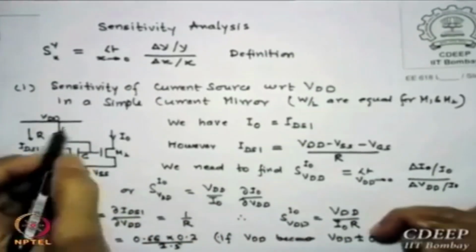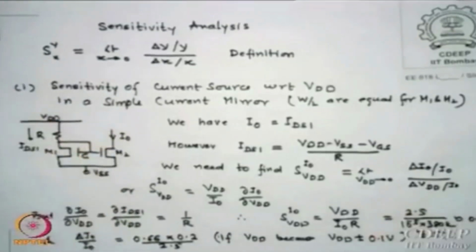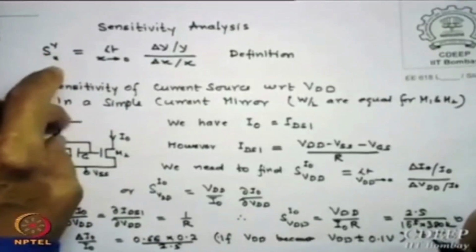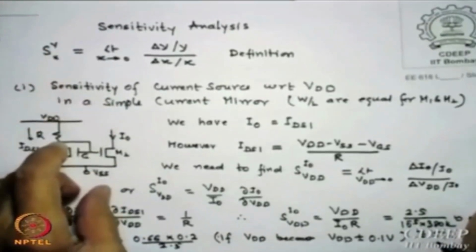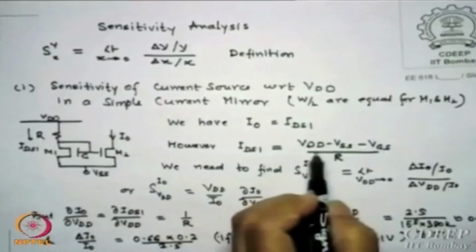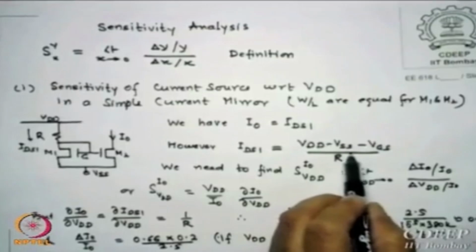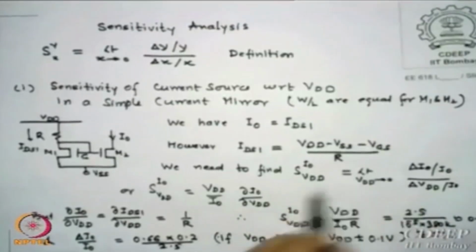Please remember the drop across this plus the drop across this plus VSS is essentially net VDD, is that correct? IR plus VGS plus VSS is VDD. So I can evaluate IDS1 from that: VDD minus VSS, of course this is minus of minus so it will add, minus VGS, upon R.